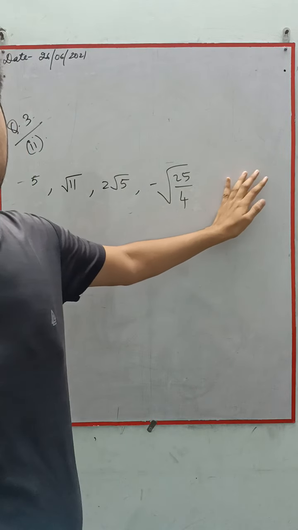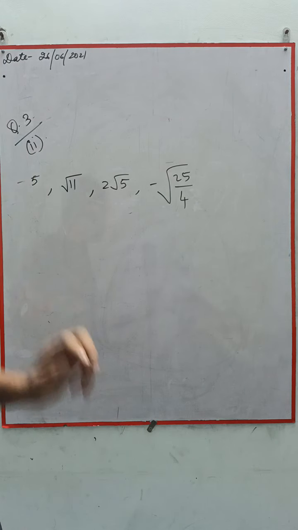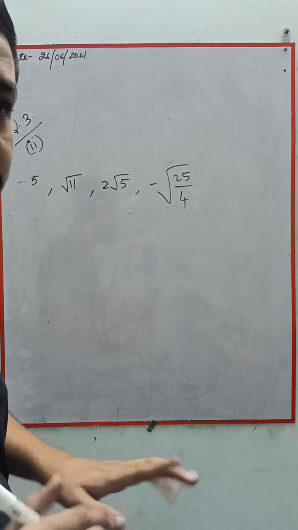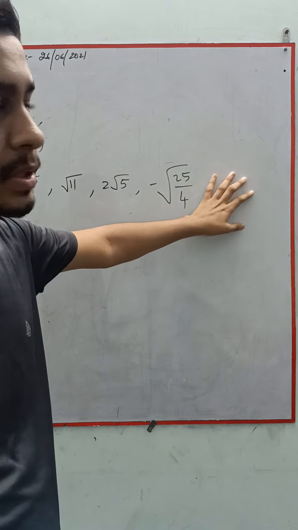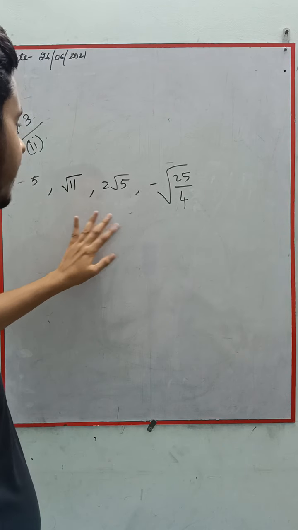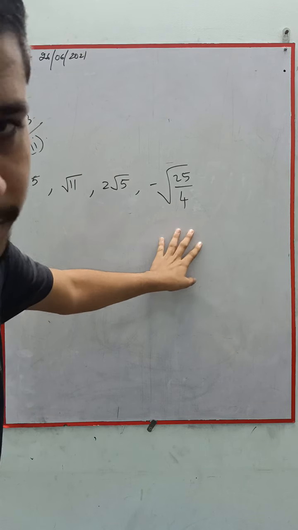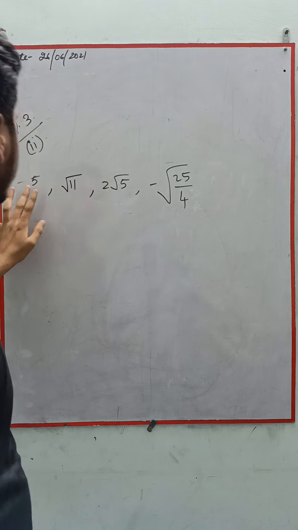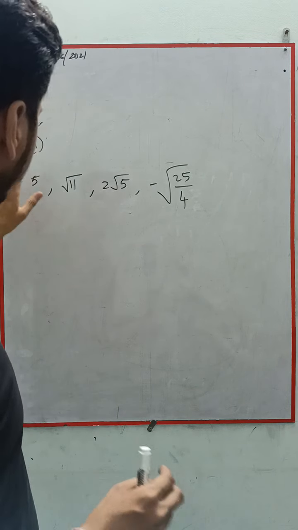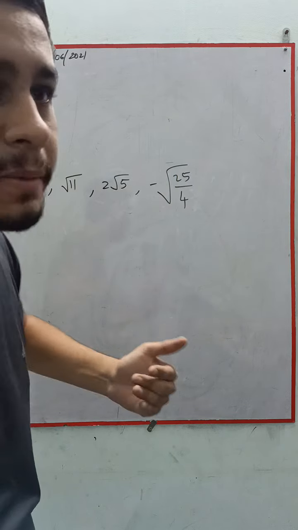Among all these real numbers, see, rational and irrational, they both come under the real numbers. Okay, so among these real numbers we have to classify which is the largest and which is the smallest. As these three are in root, and this is not in root, what you do, you make them alike. How to make them alike?